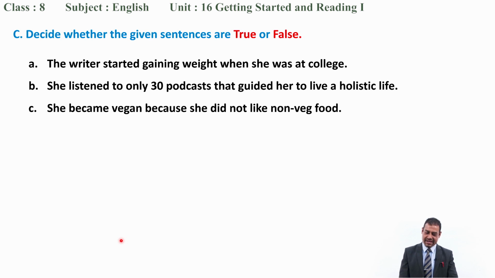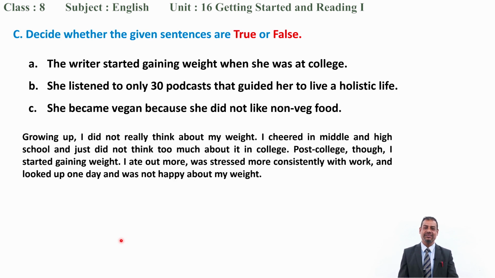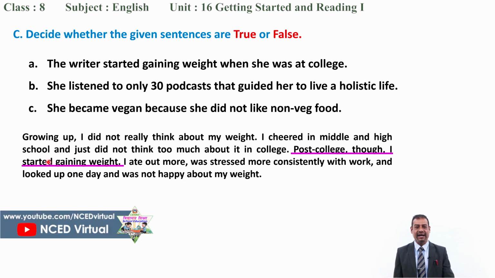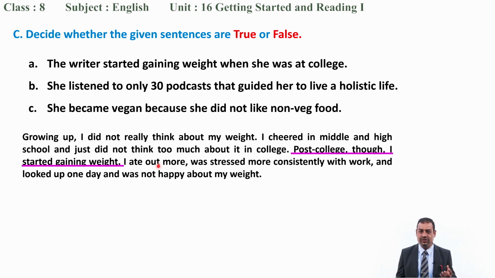Okay. Now, for each one, true or false, you can find the answer in this paragraph, in these underlined lines. So, what is the correct one? See, it is said here, I cheered in middle and high school and just did not think too much about weight in college. But post-college, I started gaining weight.